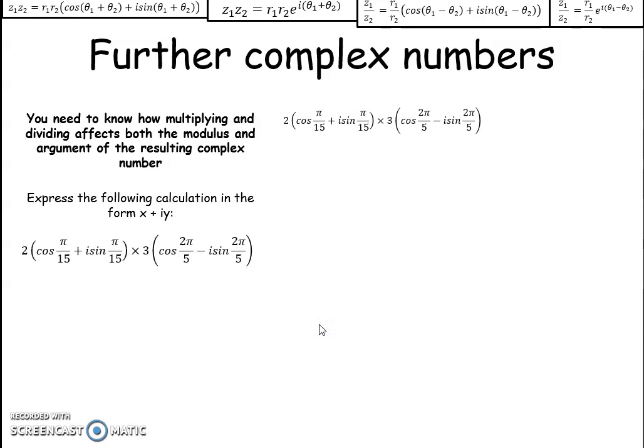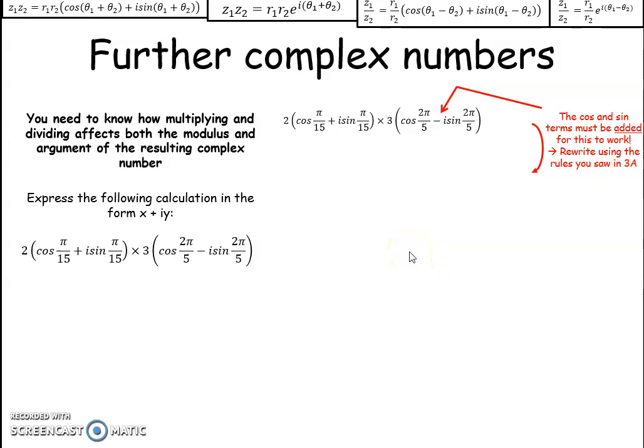Now another question: 2 into cos pi by 12 plus i sin pi by 12, into 3 cos 2 pi by 5 minus i sin 2 pi by 5. But here this is plus and this is minus, so we change it into the positive sign.